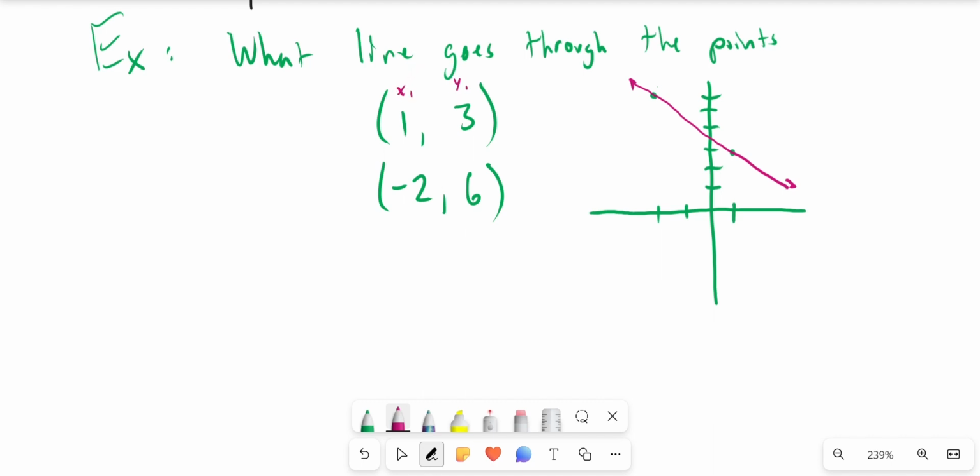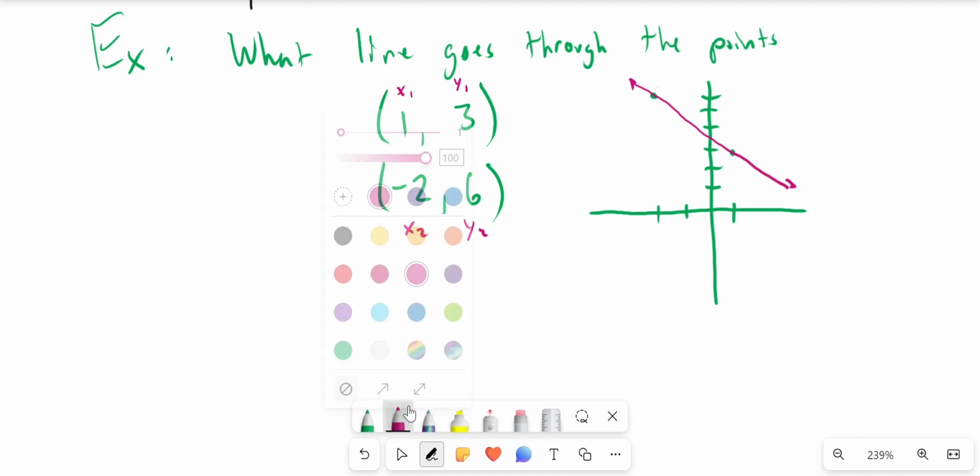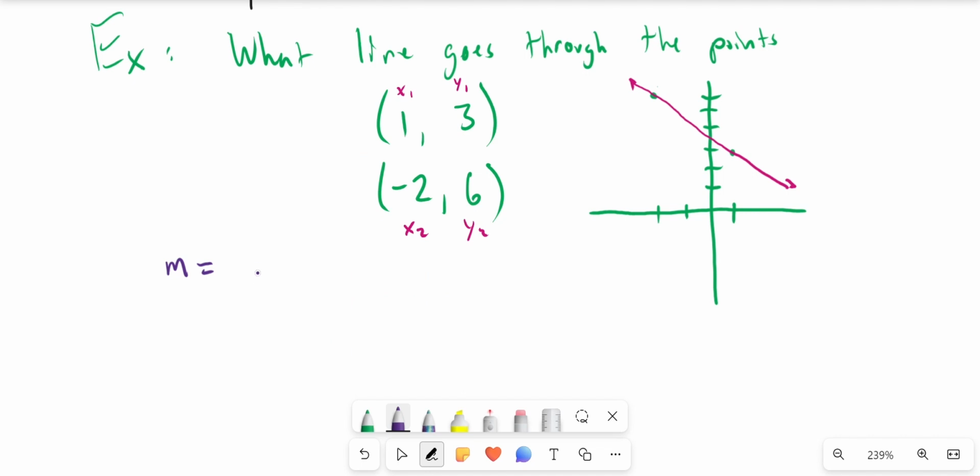And we'll call this x2 and y2. So then I can calculate my slope from that, right? The slope is going to be y2 minus y1 over x2 minus x1. And that's going to be 6 minus 3 over 1 minus minus 2.